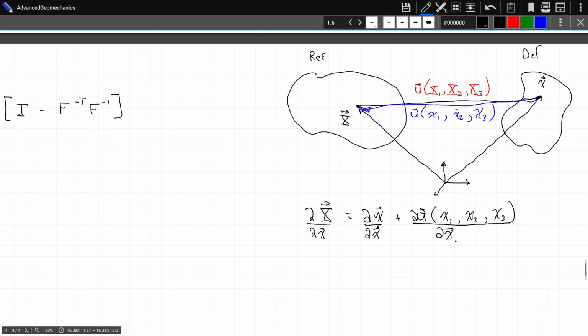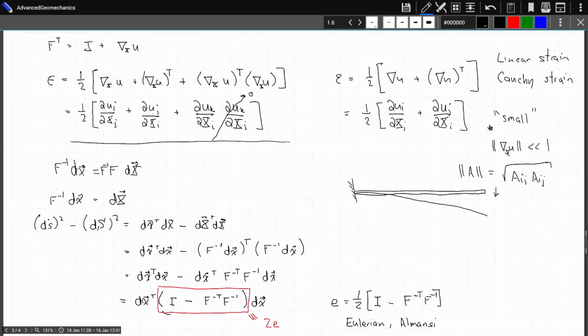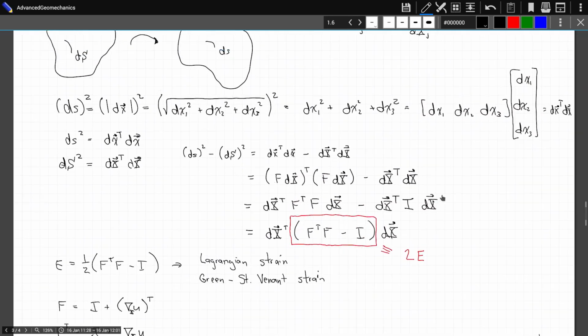Okay, but basically, remember earlier we derived an equation that said F is equal to partial x_i partial X_j? Remember, we did that here.